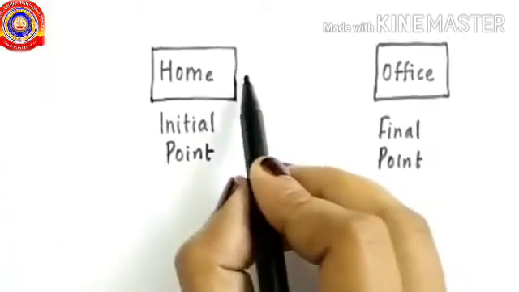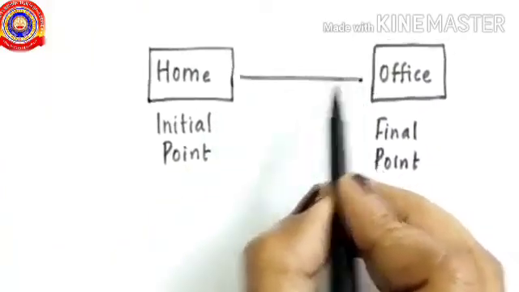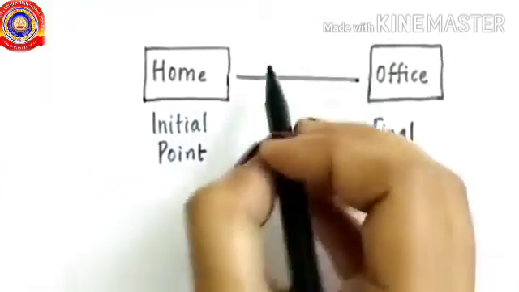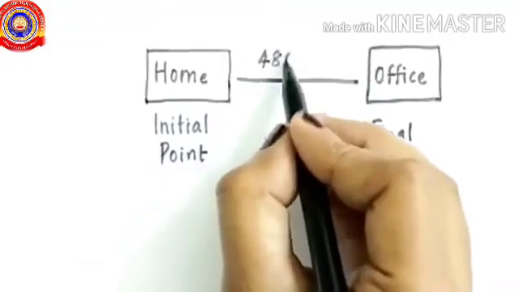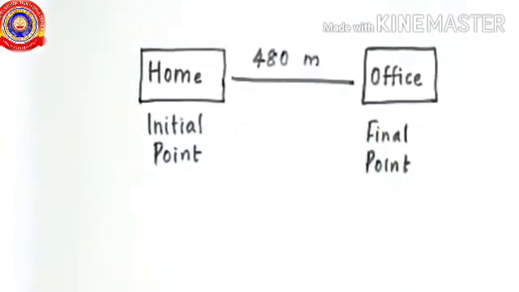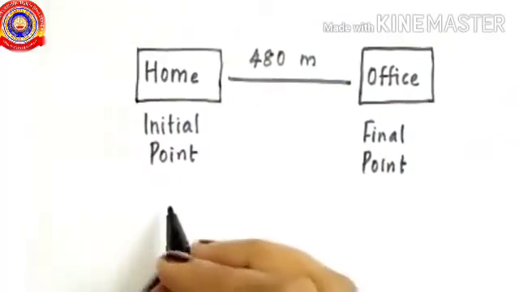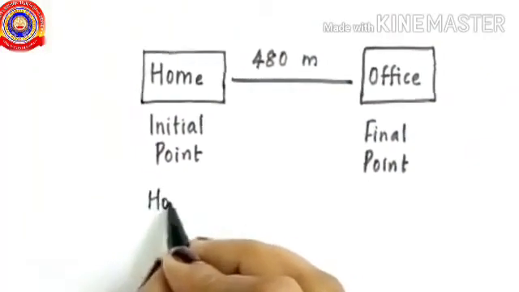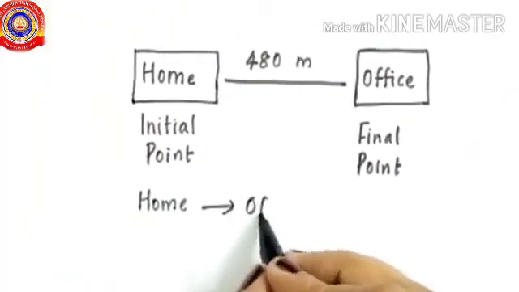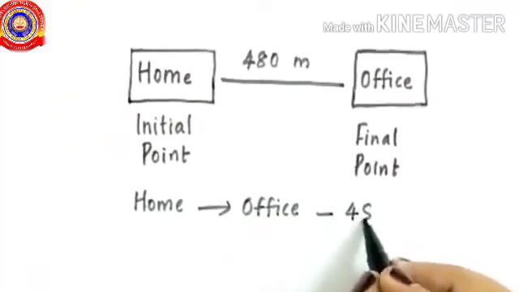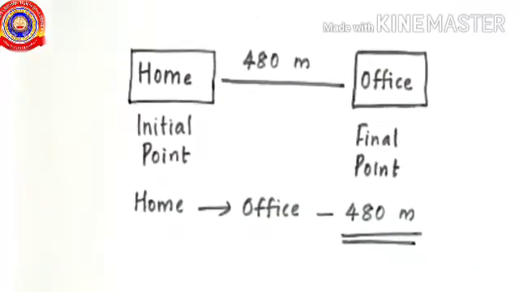So the shortest straight line distance is 480 meter. So we can say the displacement from home to office equals 480 meter.